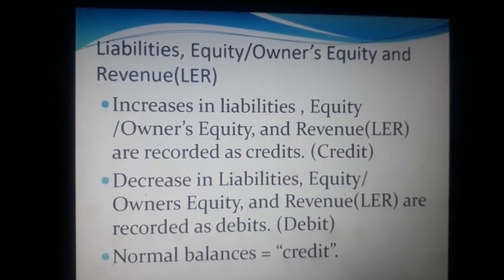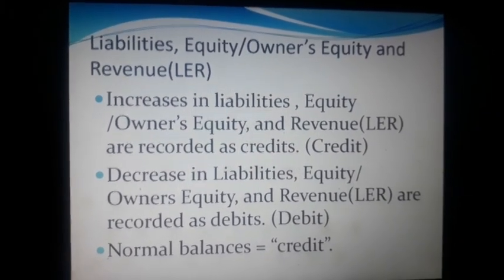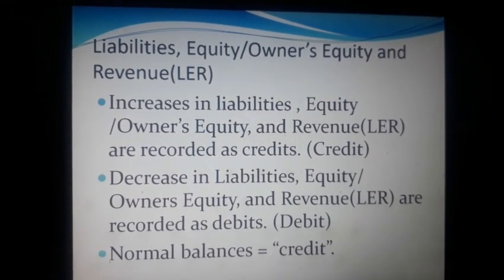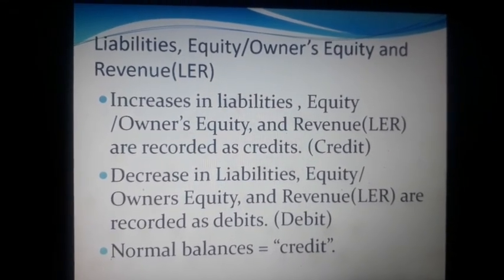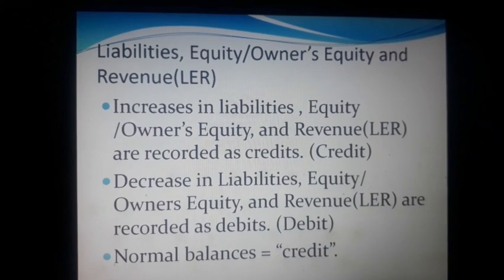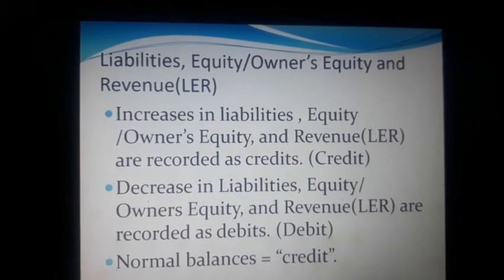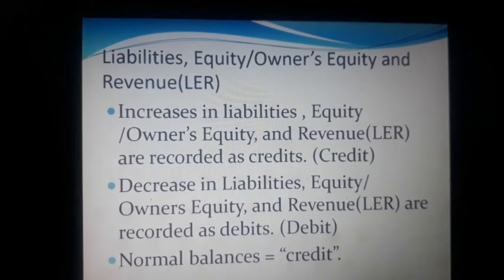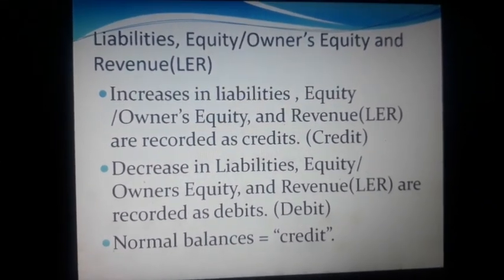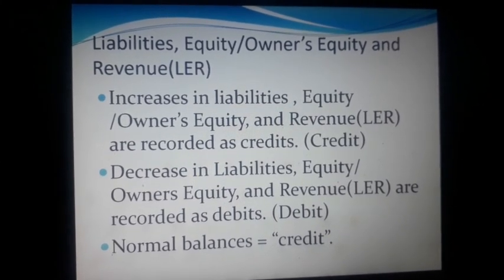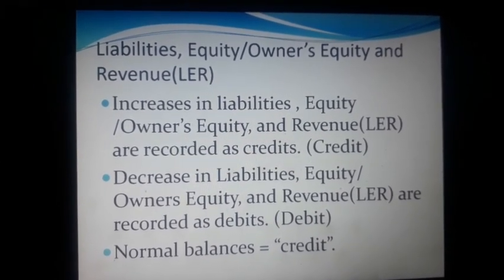Okay, decreases in liabilities, equity, owner's equity, and revenue are recorded as debit. So, kapag nababawasan naman po ang ating liabilities, ang ating equity or owner's equity, and revenue, nire-record po natin siya as debit. Okay, so the normal balances of liabilities, owner's equity, and revenue is credit.